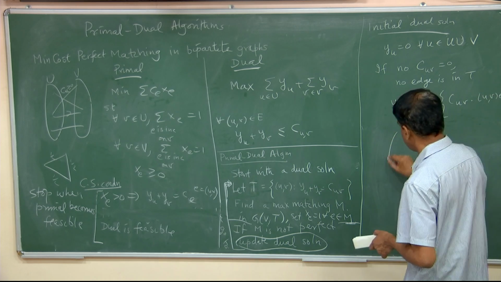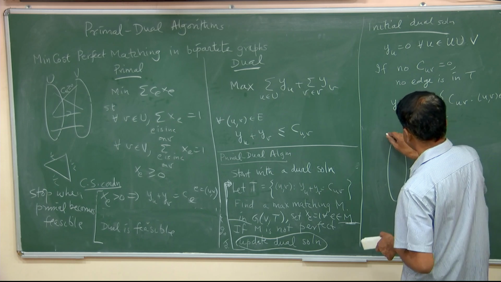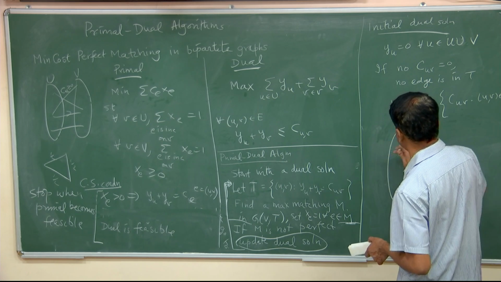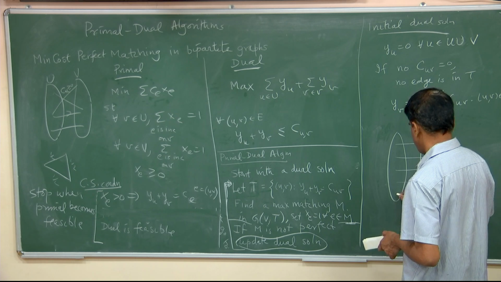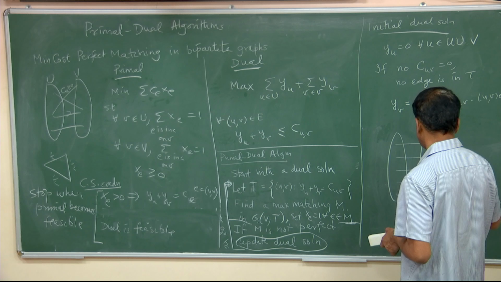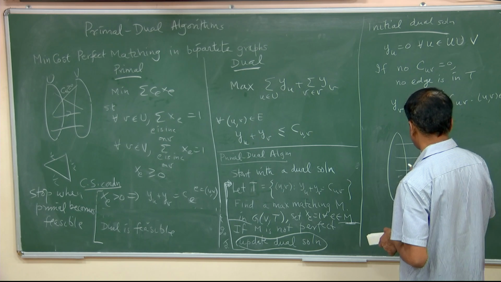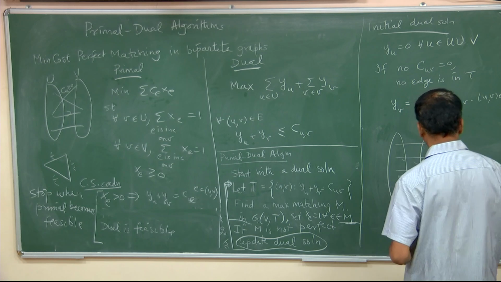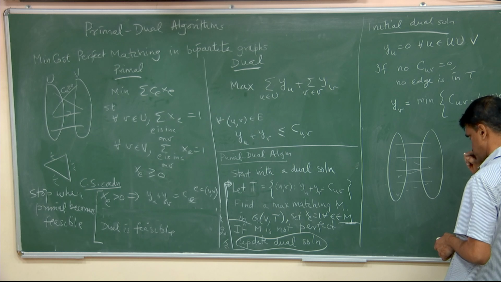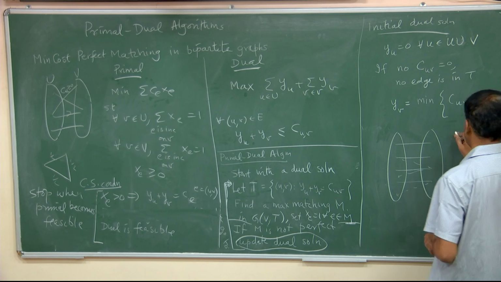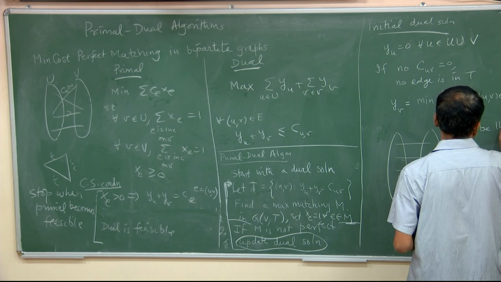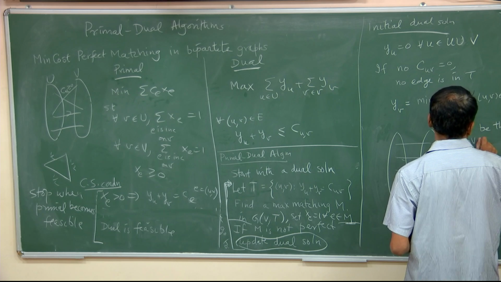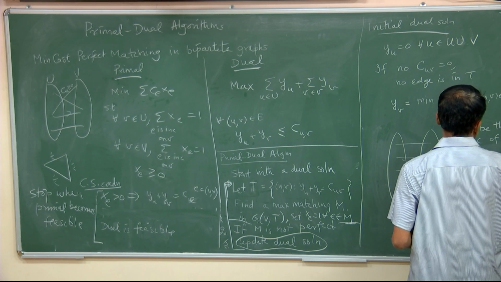So here is my matching, which is not perfect, and there may be some other vertices in the graph present. Let C star be the min vertex cover of G_YT.